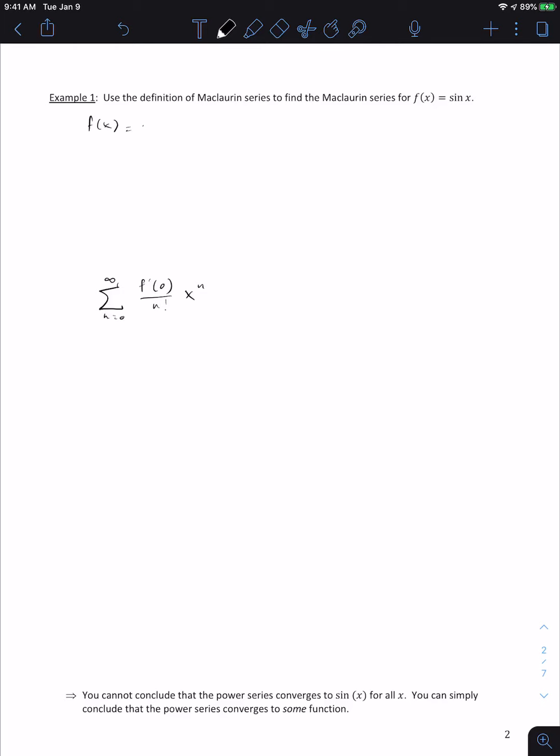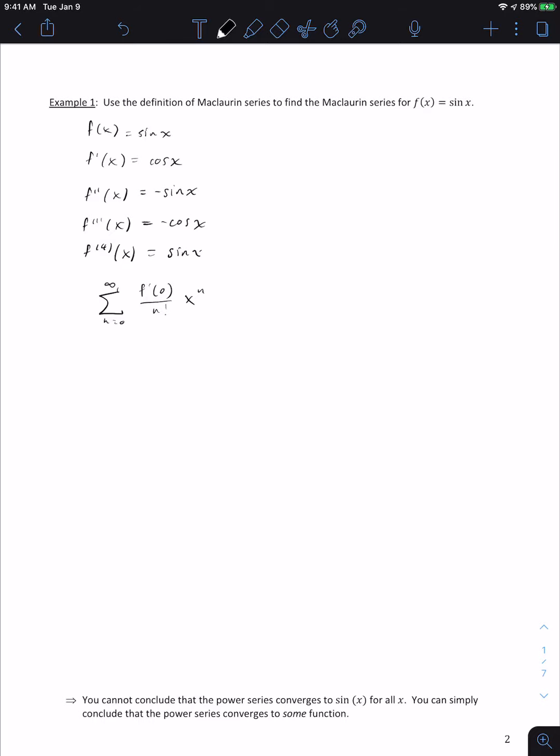So f of x is equal to sine x, f prime of x is equal to cosine of x, f double prime of x is equal to negative sine x, f triple prime of x is equal to negative cosine of x. And then the fourth derivative of x is positive sine x, right?